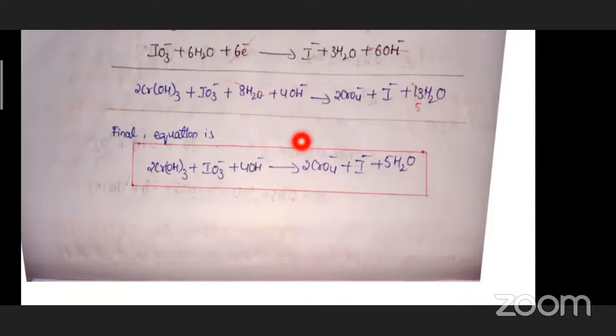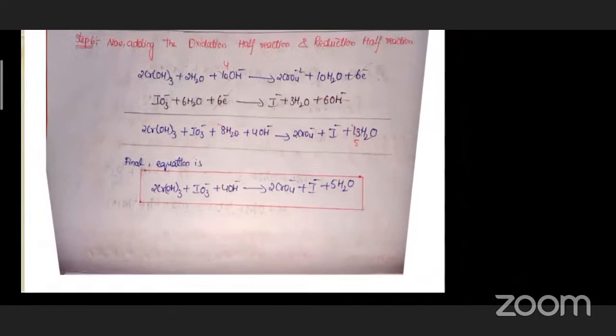Yes, oxygens are balanced. Then hydrogen, let us see. 2 into 3, 6. 6 plus 4, 10. So here, where are the hydrogens? Here. 5 into 2, 10. 10 hydrogens. Next, which element is left? Iodine. So here only one iodine. Here also one iodine.